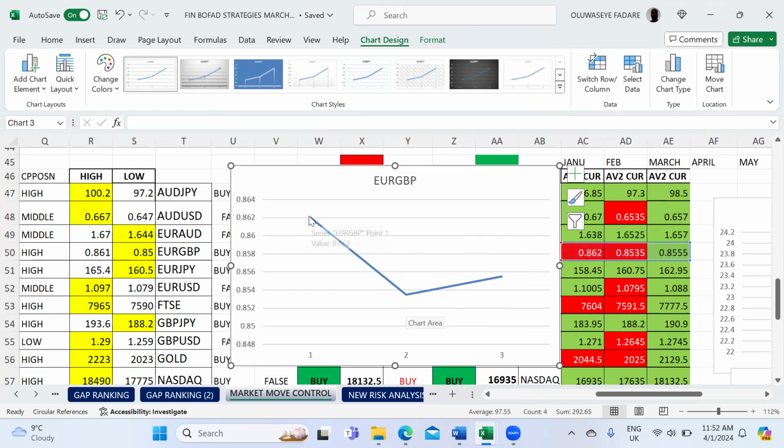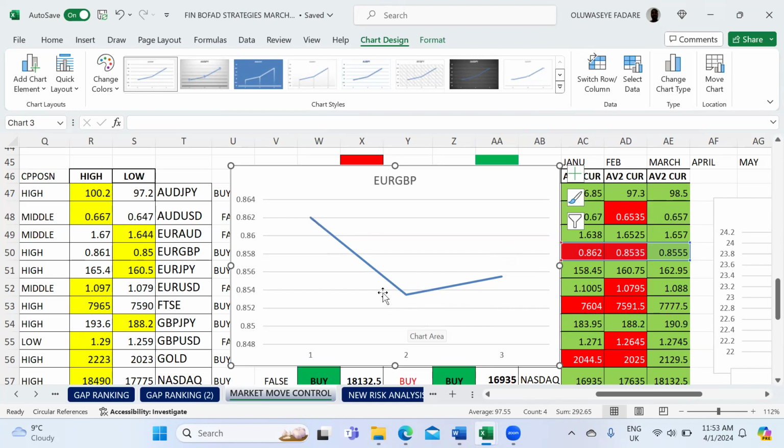So currently now, the market is a sell because this point has not reached this point. But if this point should reach this point upwards, then the market will change from a sell to a buy. Or if it doesn't come to this point again in the next 2, 3 months after reaching this point, then that means the market is not coming down again. The market is going up.